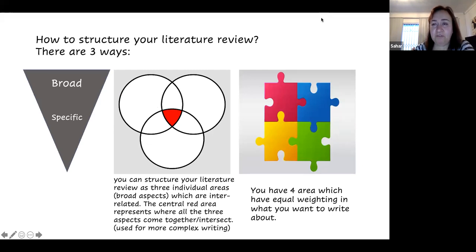Okay, now how do you draft your story? You structure your literature review. There are 3 ways. You start very broad. That's very useful. And you go more specific as you go down in your research. You can structure your literature review as 3 paragraphs.